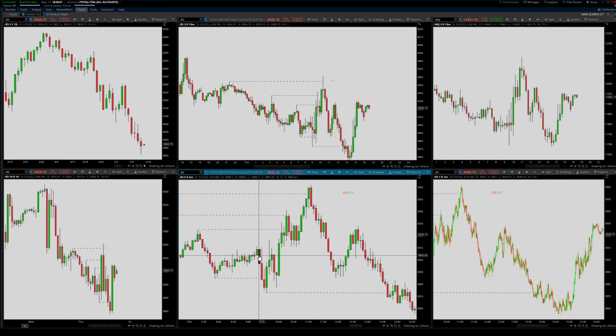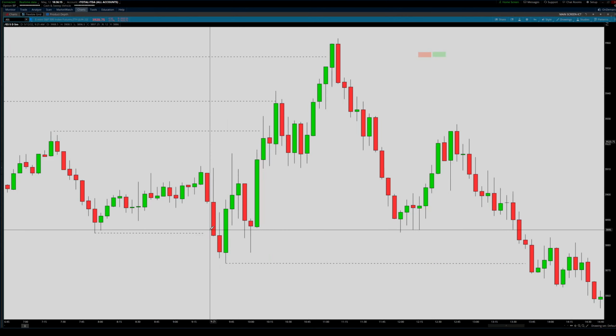So I'm bearish on the day, but if I was bullish, I would be looking for this play, which is we took out the liquidity here, right? Broke this structure here, took out these stops here, had a market structure shift.